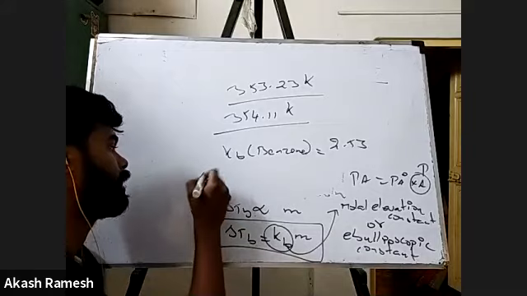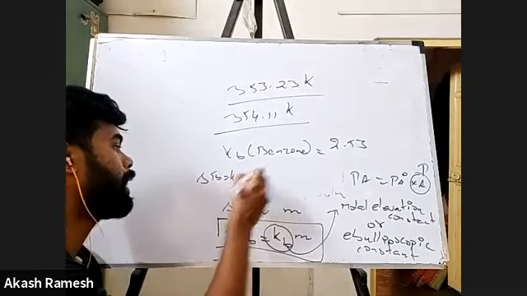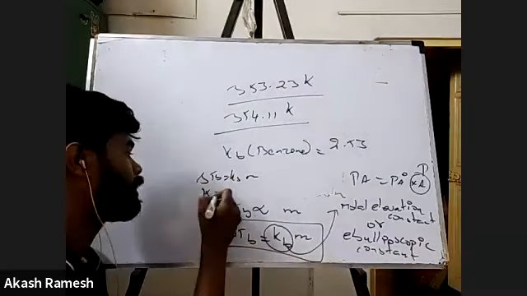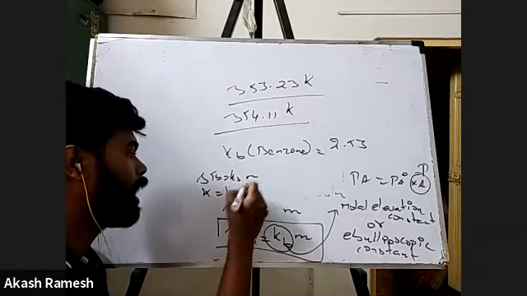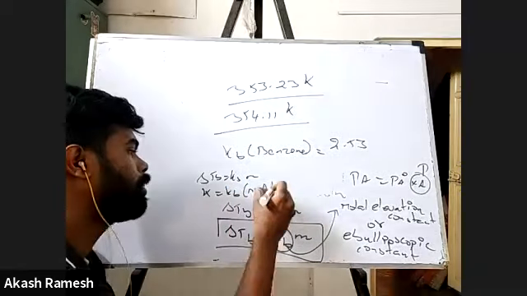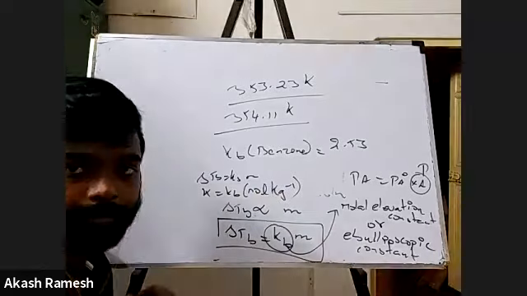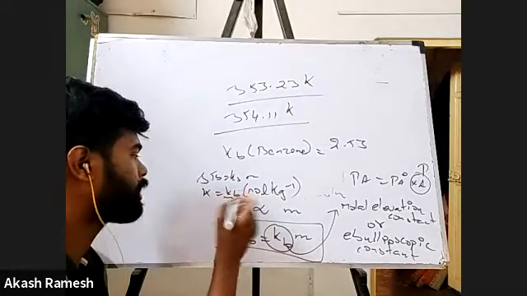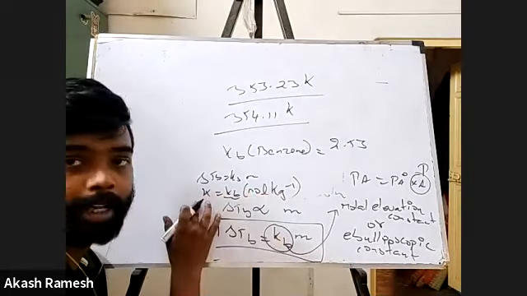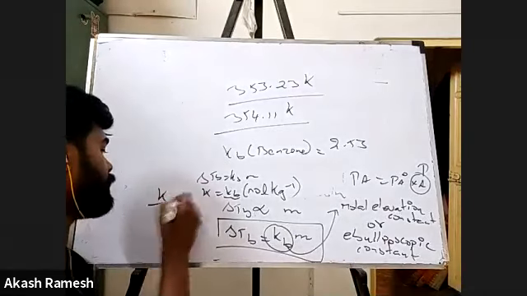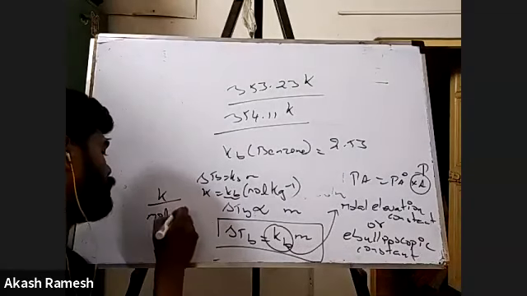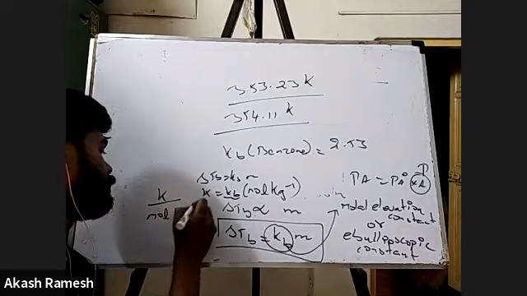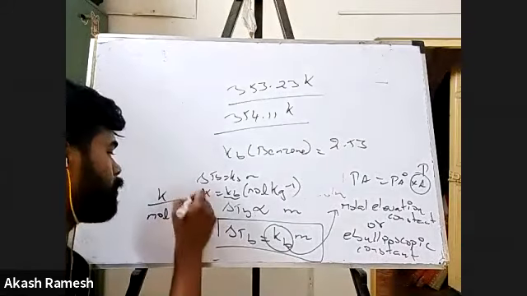Maybe I write here. Delta TB is equal to Kb into m. This is Kelvin. Kb I will write as Kb itself. I know for molality it is mole per kg. Now I have to find the unit for Kb. So how will you write? This mole per kg comes down. So it will be Kelvin divided by mole per kg. Now you bring this to the numerator.